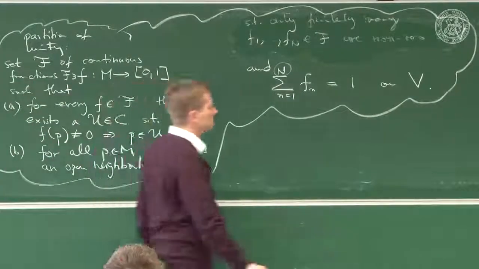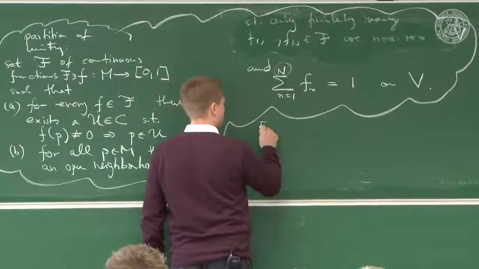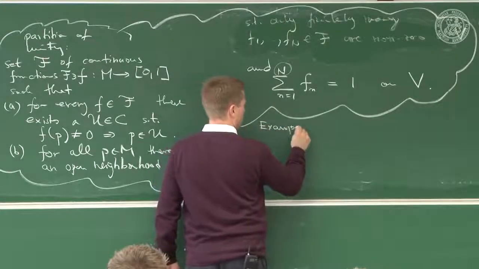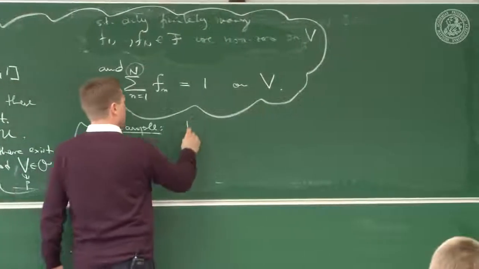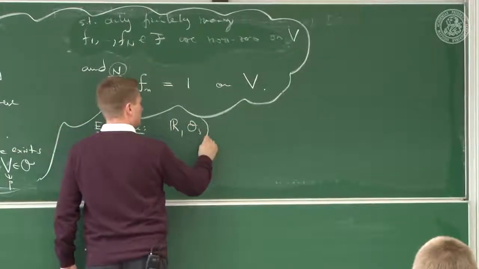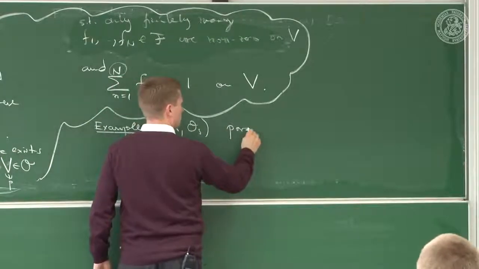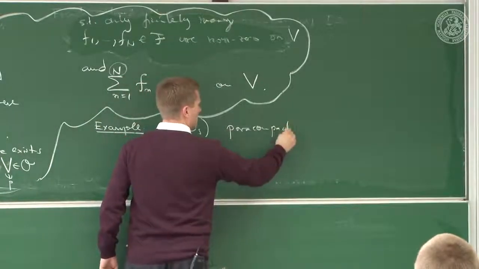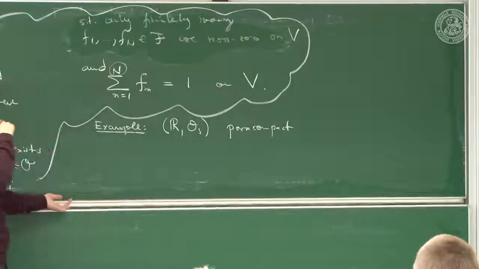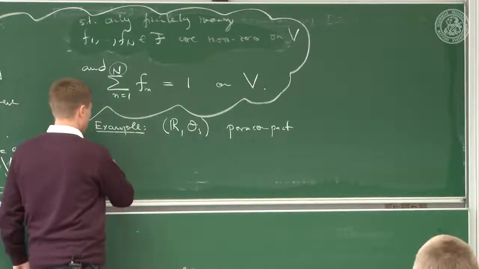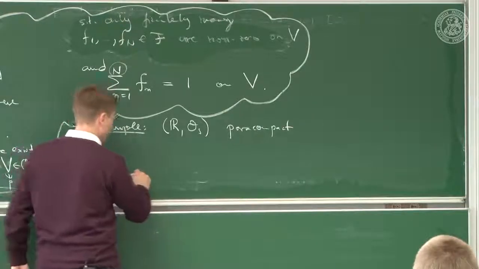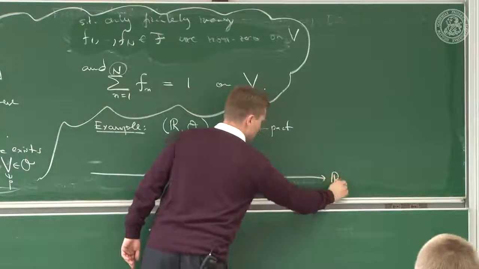Example. Look again at the real line equipped with the standard topology. We already know this is paracompact. Well, since this is paracompact, every open cover should admit a partition of unity. So let's draw again the real line. That's the real line.